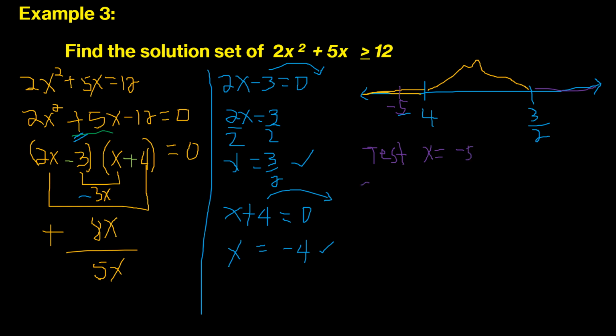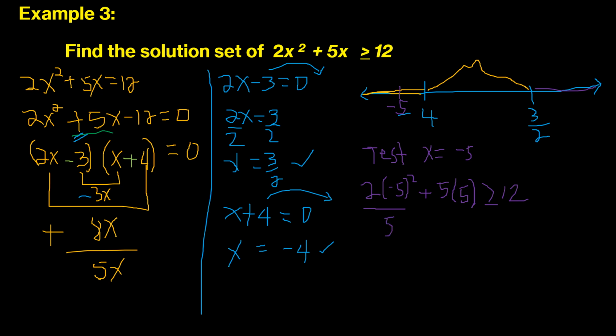So we have 2 times negative 5 squared plus 5x, so 5 times negative 5, is greater than or equal to 12. But negative 5 squared is 25, and 25 times 2 is 50.